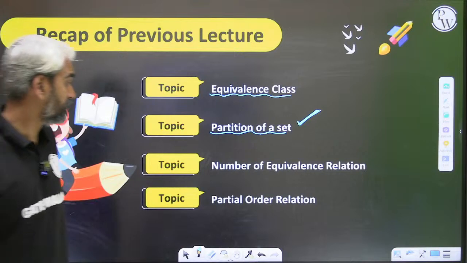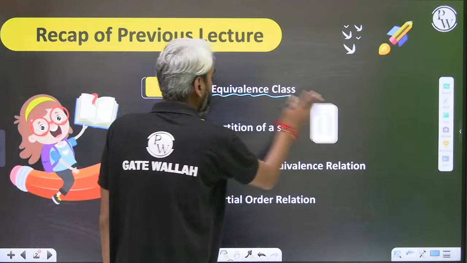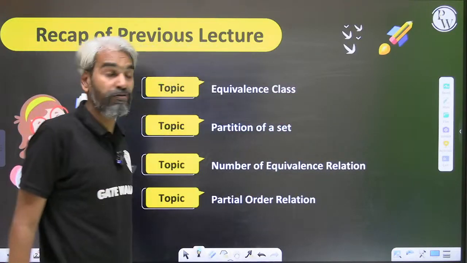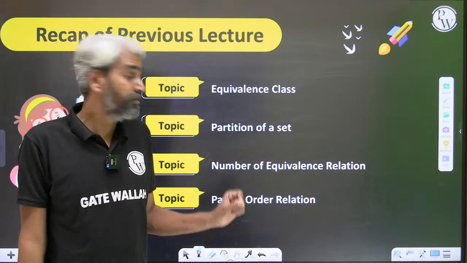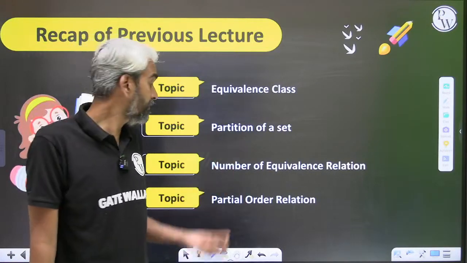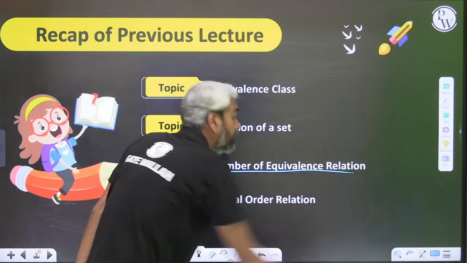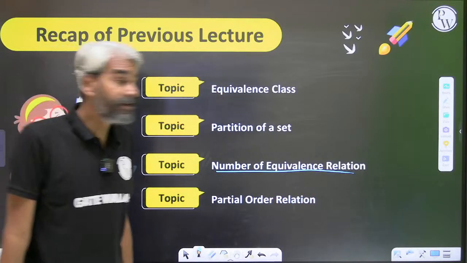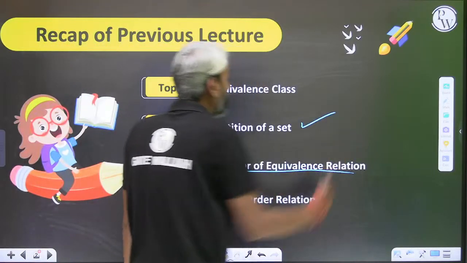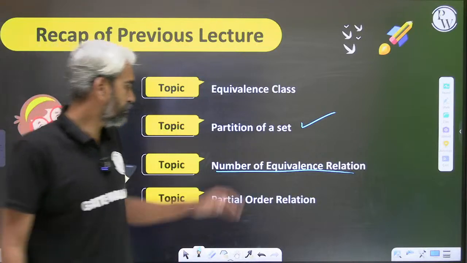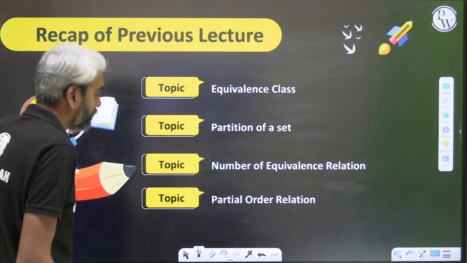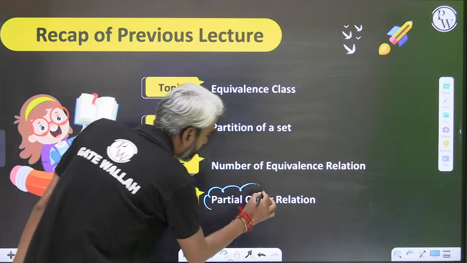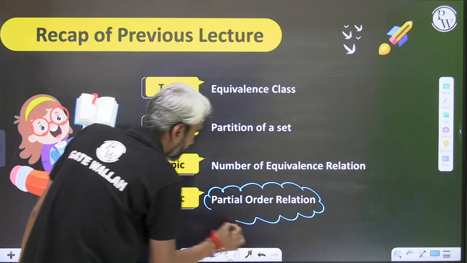Then we said that there will be a one-to-one correspondence between partitions of a set and equivalence relations on that set. So basically, the number of equivalence relations on set A will be exactly the same as the number of partitions of set A.